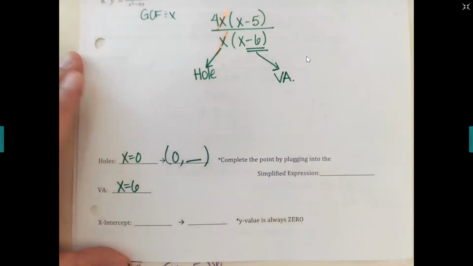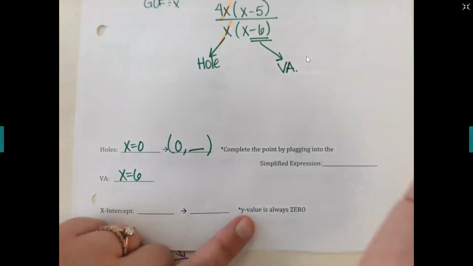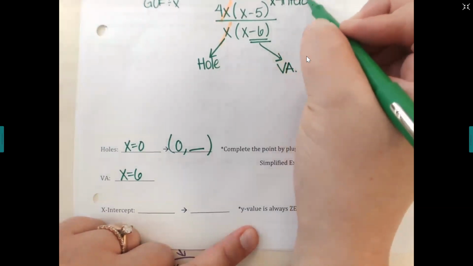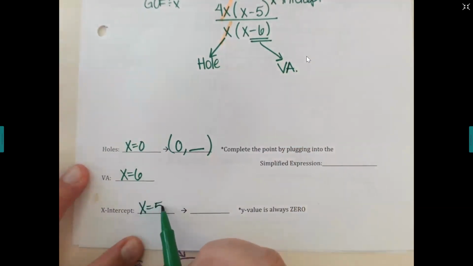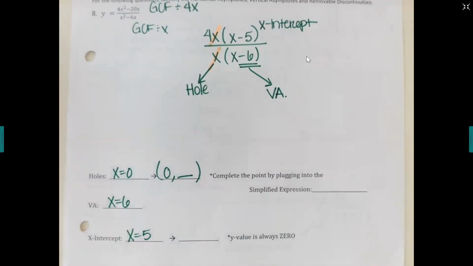X equals 6, good job, Anaya. Okay, then one more thing left. I have an X left over on top. It's an X minus 5. So what would that create? What would my x-intercept be at? Positive 5. Now, question. Should I also list 0 if there's a 4 on the outside?